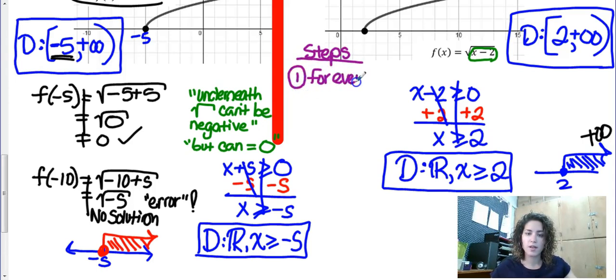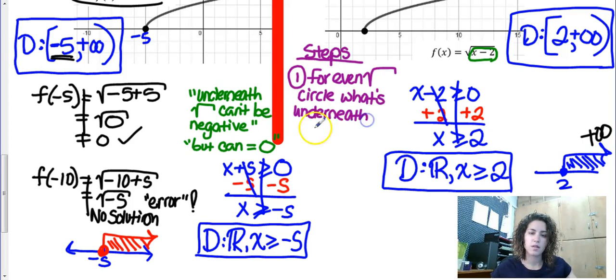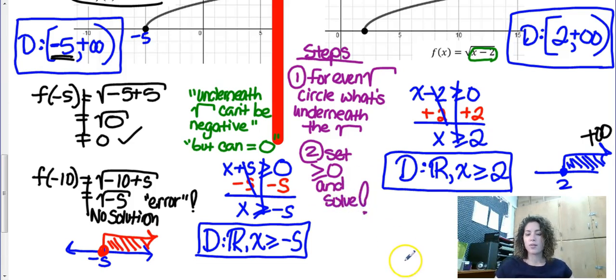For even roots, circle what's underneath the radical, like we did right here. We circled x minus 2 because that was under the radical. Set greater than or equal to 0 and solve. Those are our 2 key steps for finding the domain of even root functions.